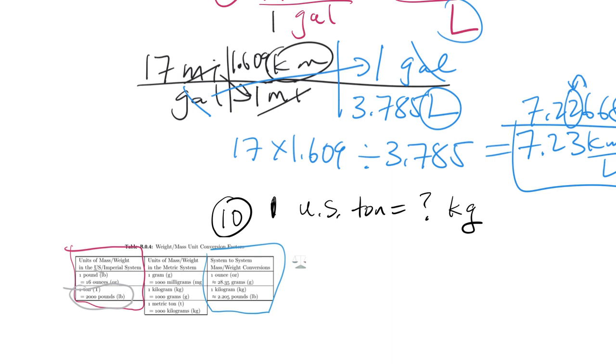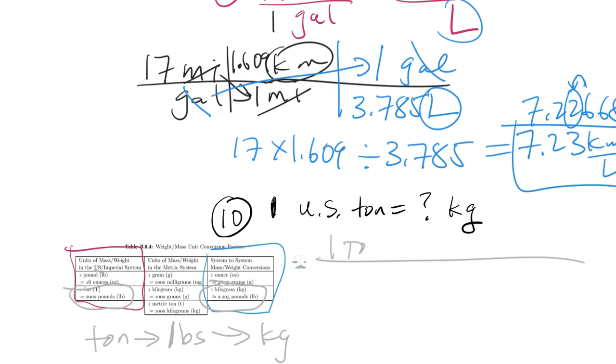Okay, so I can take tons to pounds. And then to go to kilograms, I've got kilograms and pounds, so I can go pounds to kilograms. So that'd be a 3-step problem.